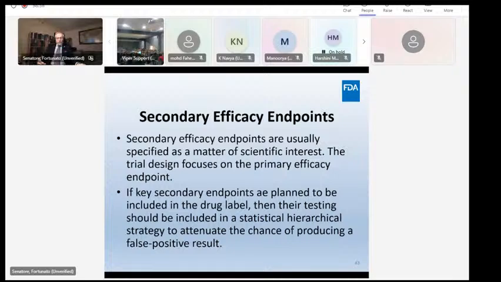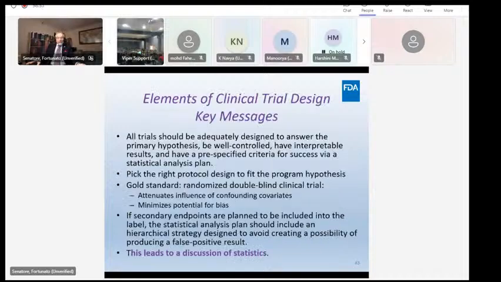So let me give you some key messages on trial design. All trials should be adequately designed to answer the primary hypothesis, should be well controlled, have interpretable results, and have a pre-specified criteria for success via an adequate statistical analysis plan. You have to pick the right protocol design to fit the program hypothesis.